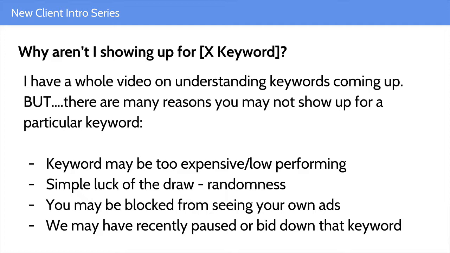If thousands of people are searching for a keyword throughout the course of the day, and you have anywhere from a dozen to a couple dozen different competitors, some of those times you're going to show up for that keyword, and some of the times you won't. And that's just kind of how the process works. And so you may show up 80% of the time, but not actually see the keyword when you go ahead and search for it yourself.